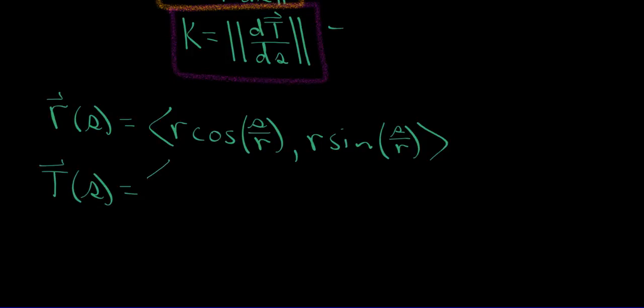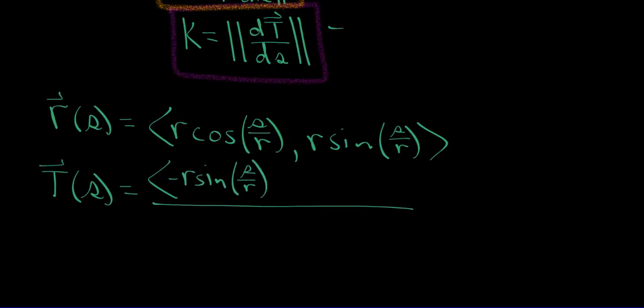Up top, what is going to be the derivative of this with respect to S? Negative R sine S over R times 1 over R, right? I can't forget the chain rule, so I've got to differentiate the inside.